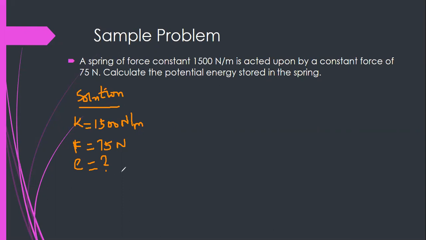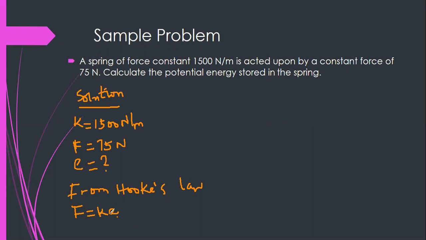So from Hooke's law, F is directly proportional to the extension. It's given as F equal to Ke.